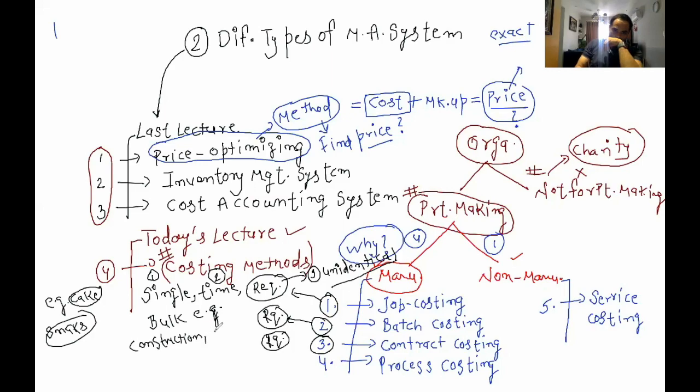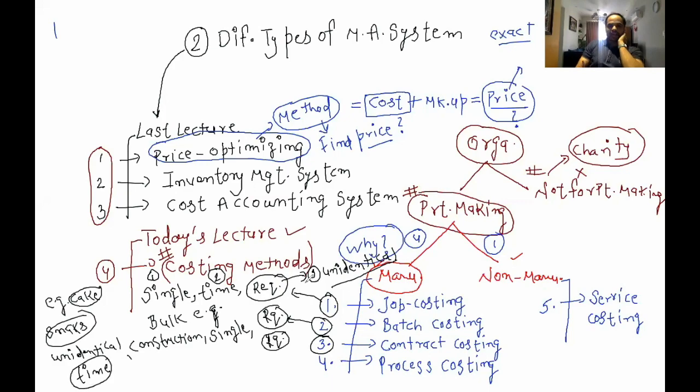Second, people normally buy as a single, right? And products are unidentical, and products have a long time duration, right?